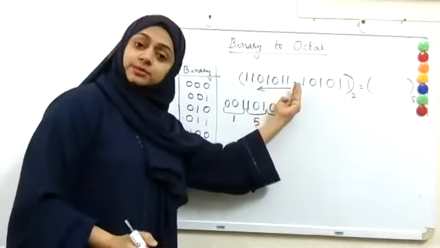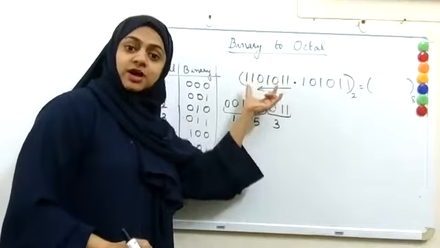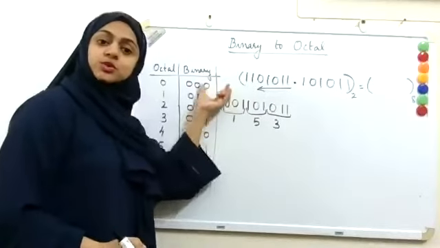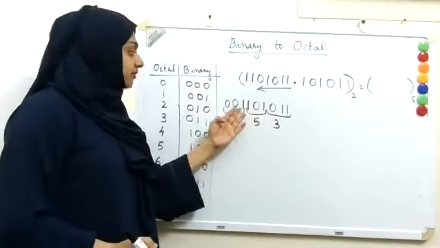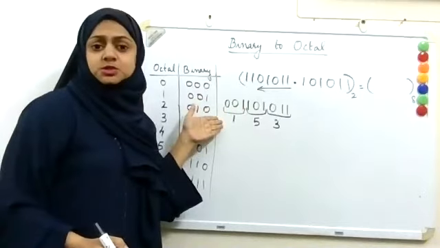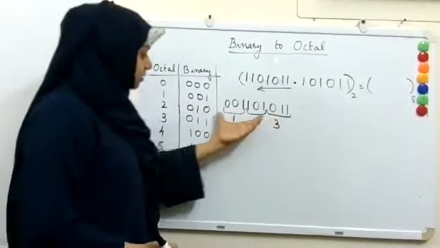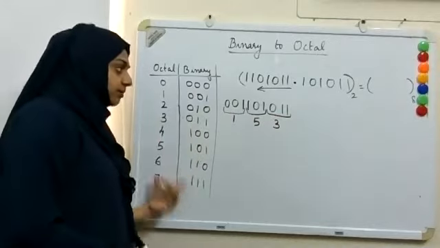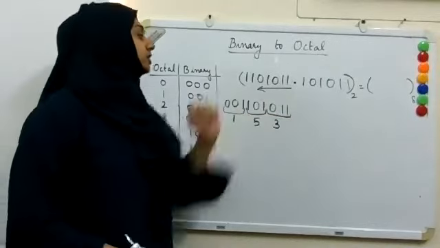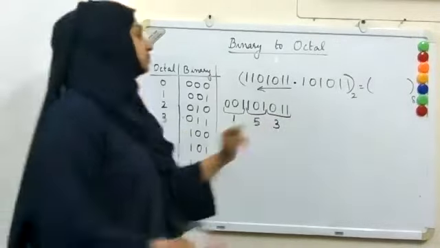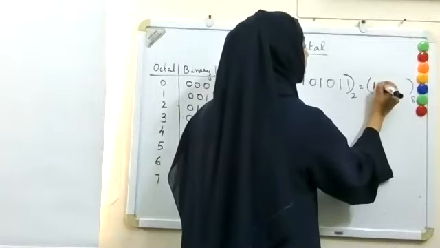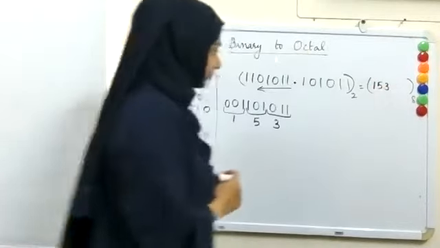You have to start from here and divide them into boxes of 3 digits, and if there are fewer digits on this side, you can put zeros there. Then you take the corresponding numbers from the table and put them there. So before the point, I have 1, 5, 3.